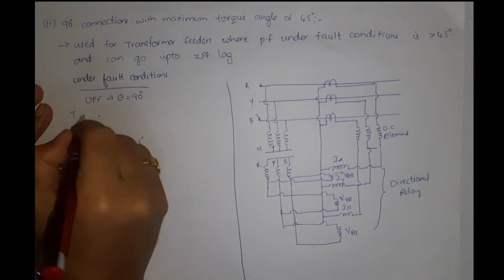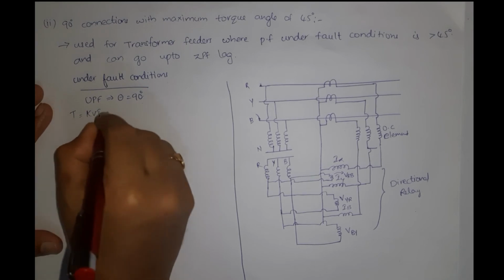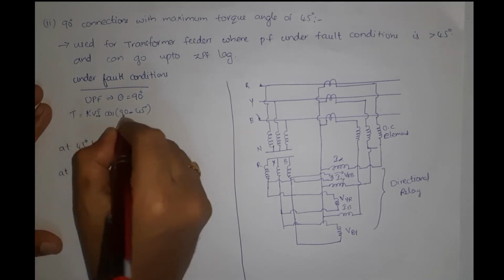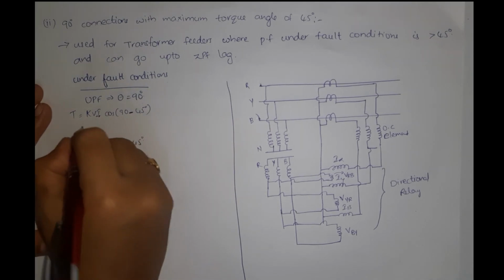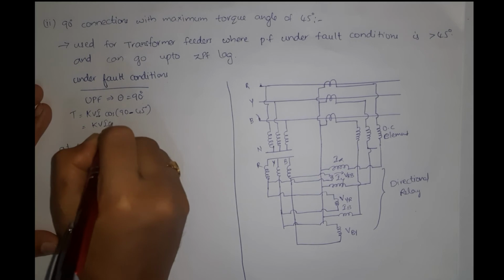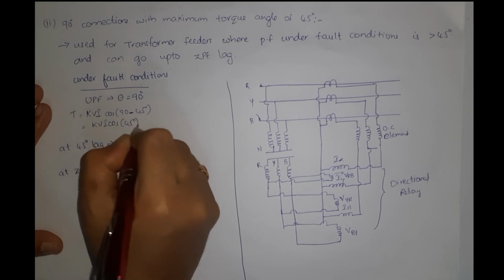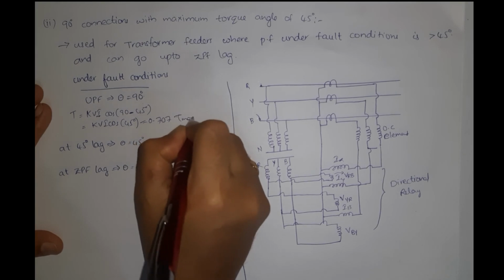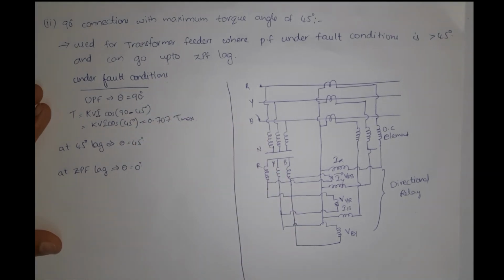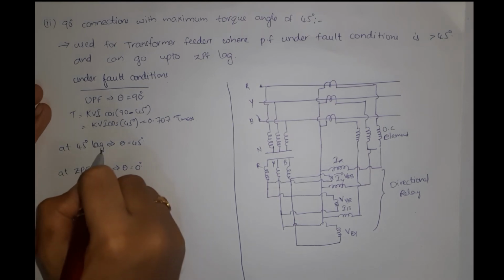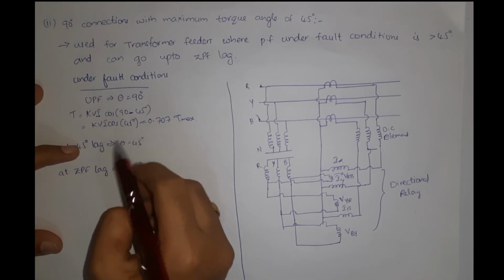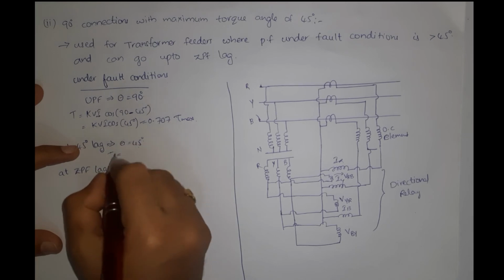So now torque is equal to kVi cos(90 minus 45) degrees, which gives us kVi cos 45 degrees. So which gives us 0.707 into tau max, right? Next, at 45 degrees lag, theta is equal to 45 degrees, right? So what is the value of torque then?